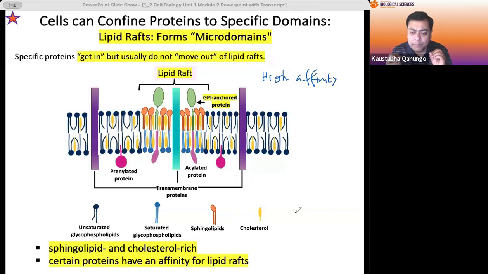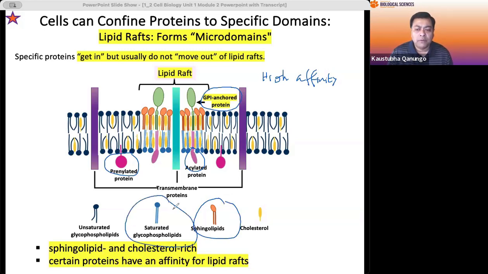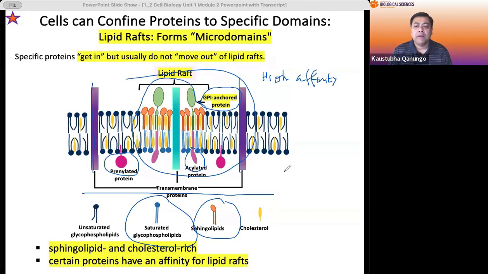When these membrane proteins are delivered onto the membrane, they will find these microdomains on the lipid anchors. And the most important ones are GPI anchored, acylated and prenylated proteins, sphingolipids as well, and saturated glycophospholipids. These are some of the molecules you find in abundance in this area. So this is the domain of the transmembrane protein domains, which confine the lipid raft area.